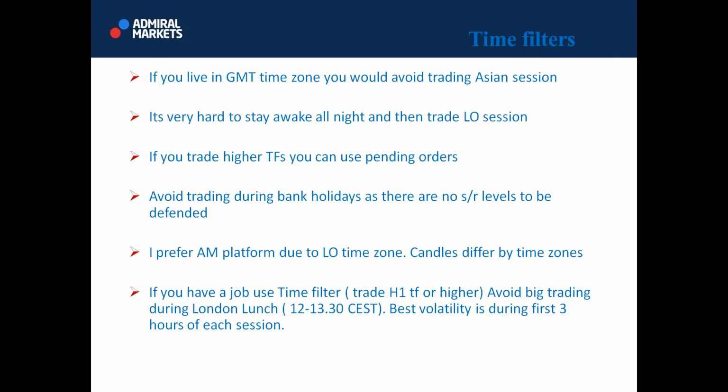So if you want to sell, then you can put pending order on H3, and if you want to buy, you can put a pending order on L3, and probably during Asia session price will not hit stop loss. You will probably be in a sort of a profit during early London. So I suggest that if you want to trade Asia and you live in GMT time zone, then go for pending orders.